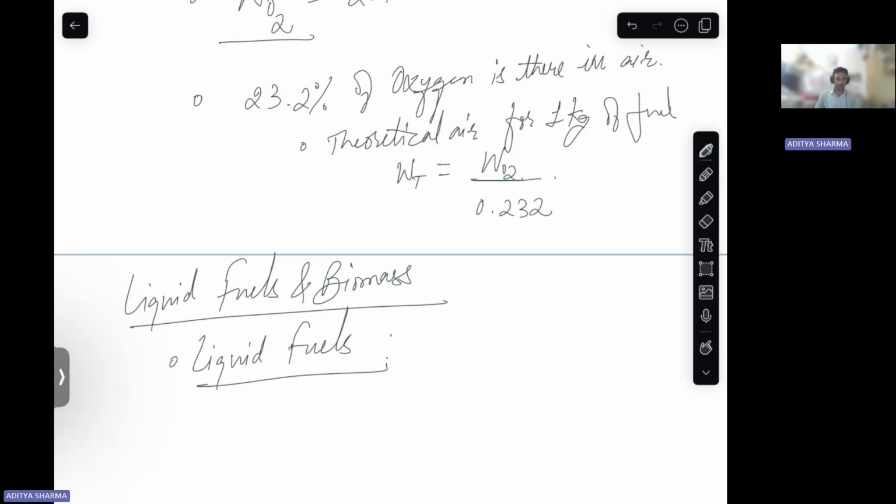And one important point about liquid fuels is the flash point.